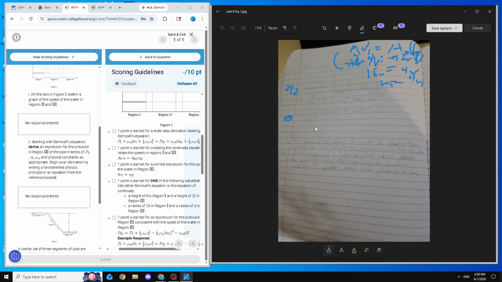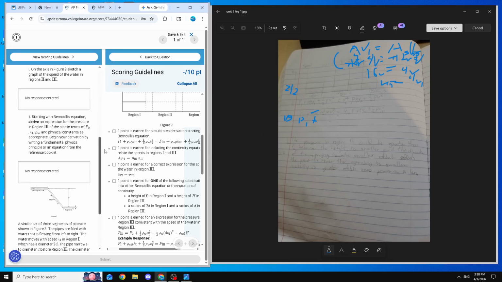So if you plug it back into the equation, you get P1 plus, this is cancelled out because Y1 is ground level, I'm pretty sure, yeah, it's ground level, and ground level is 0, so that's cancelled out.